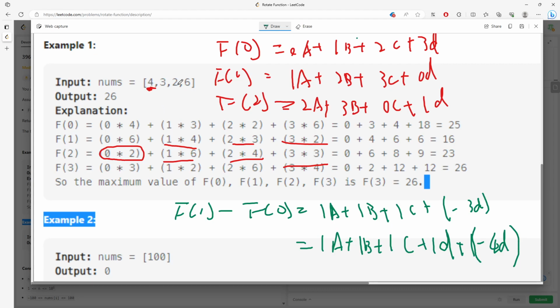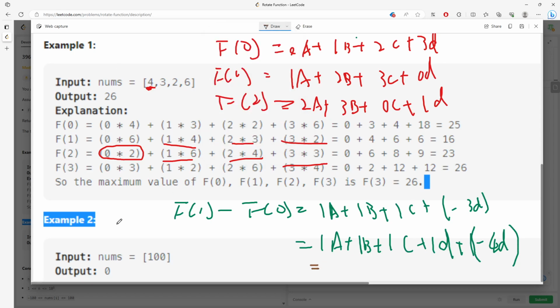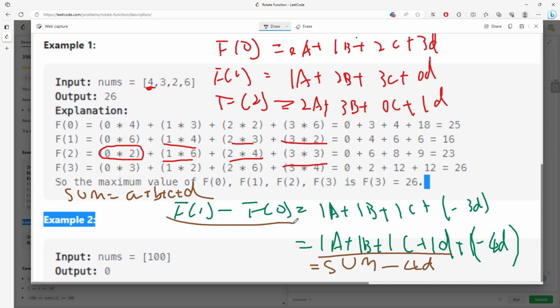It's the sum of the nums. So sum equals A plus B plus C plus D. Let's replace it with sum over here, and then minus 4D for this equation.